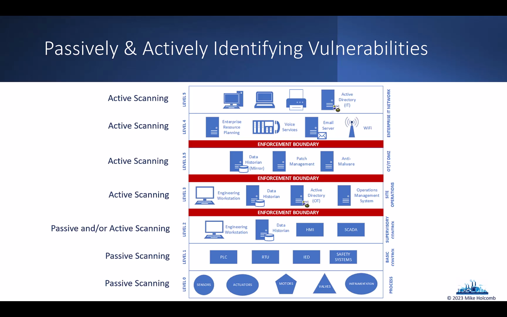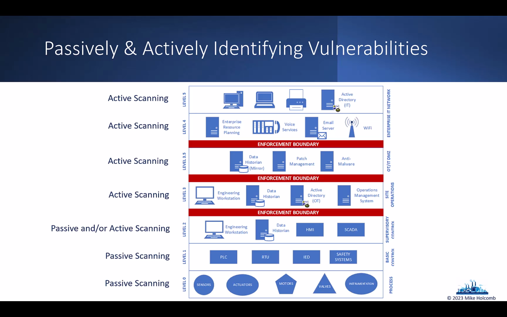Especially if it's the patch management server, your malware update service, your data historian, the safety isn't relying on any of those. The uptime of the environment isn't relying on any of those. And you should have backups to be able to restore any of those in case something bad happens. So why not scan that?